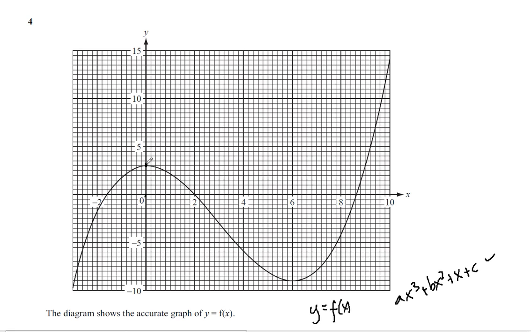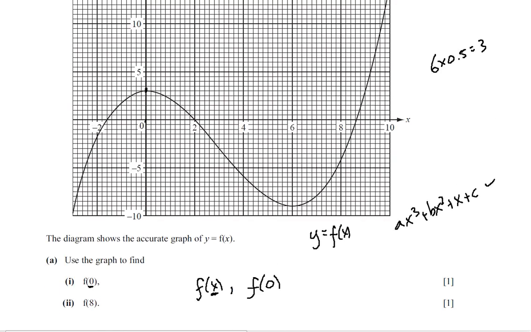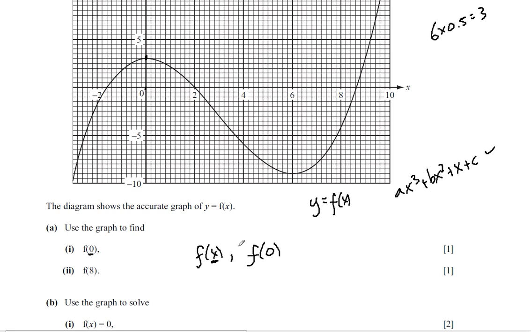Well, it's this point over here. There are 5 blocks for 5 units for every 10 blocks, so each block is 0.5. So let's count 1, 2, 3, 4, 5, 6. 6 times 0.5 is 3. So if x is 0, your y value is 3.